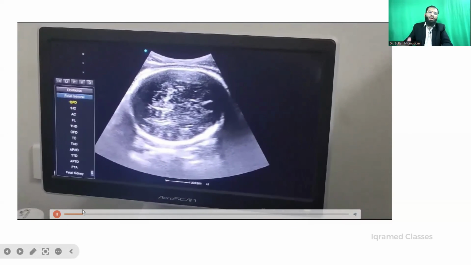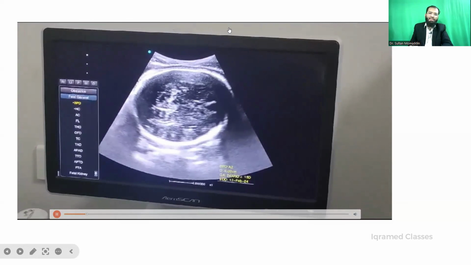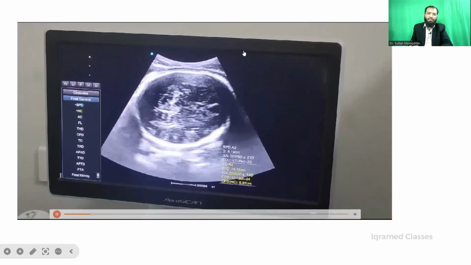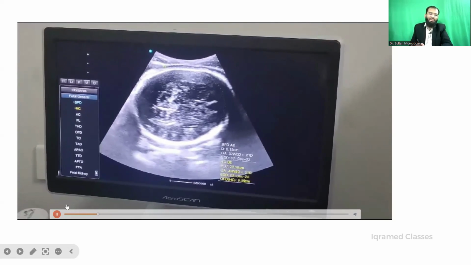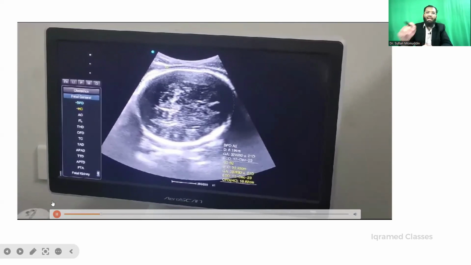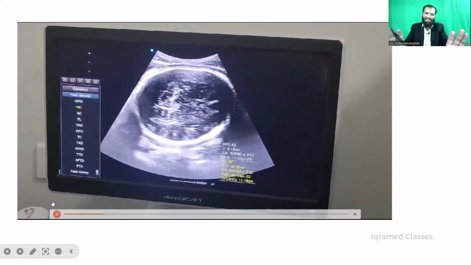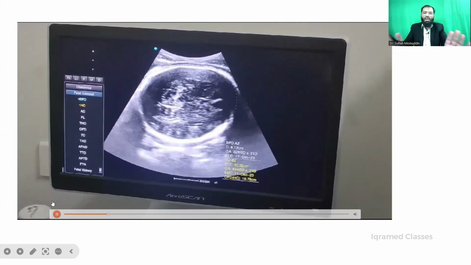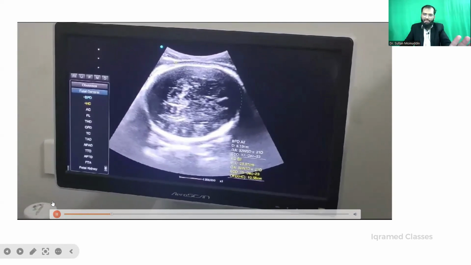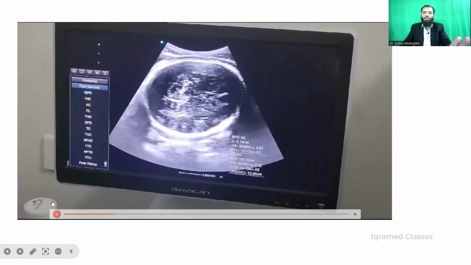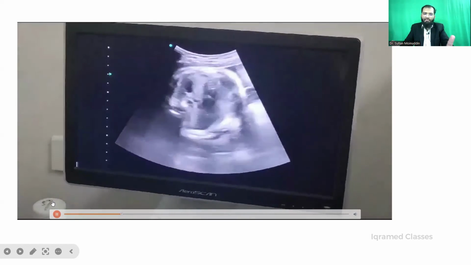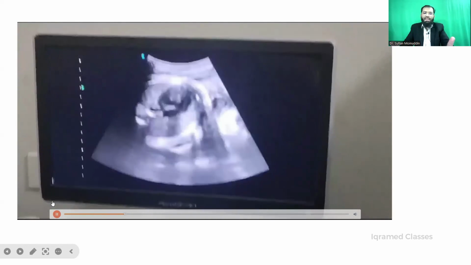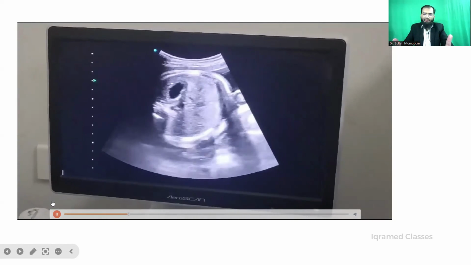Whenever you want to start the Doppler study, you never start it with Doppler. You always start by taking basic measurements. You should never forget taking basic measurements. You have to take all the growth parameters. You have to measure BPD, the head circumference, then the abdominal circumference.